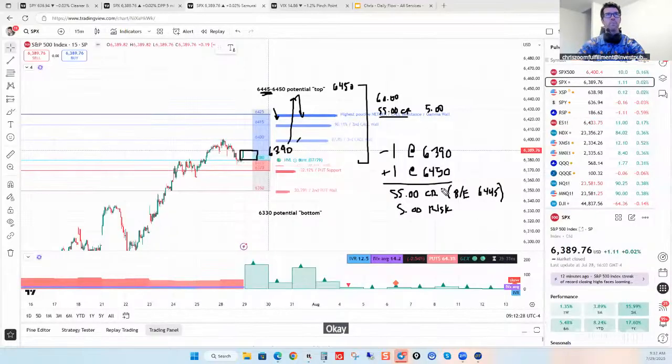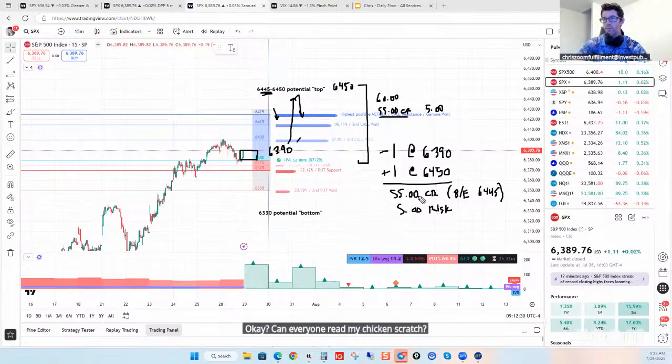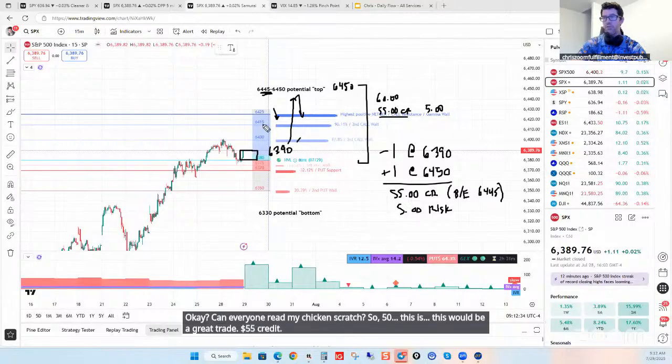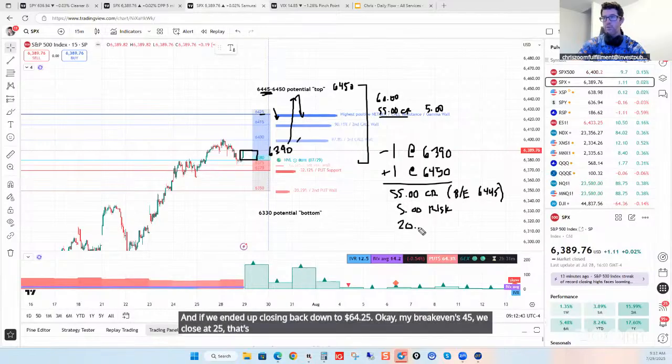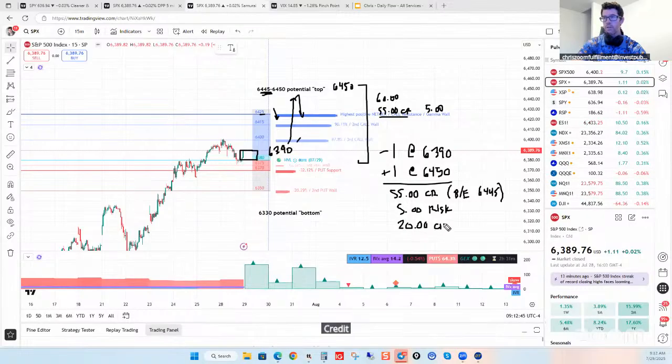Okay, can everyone read my chicken scratch? So this would be a great trade. $55 credit, $5 risk. And if we ended up closing back down at 64.25, my break even's 45, we close at 25, that's a $20 credit that I can walk away with for that day.